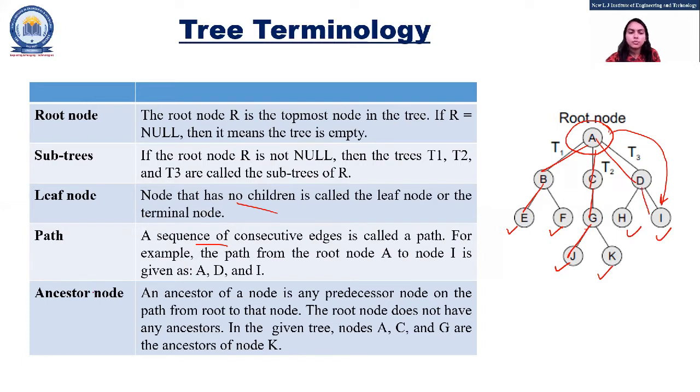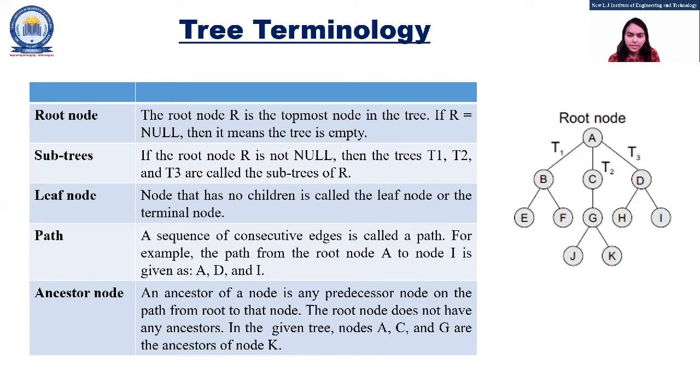What is an ancestor node? An ancestor of a node is any predecessor node on the path from the root to that node. The root node does not have any ancestor. There are two concepts here, ancestor and successor.